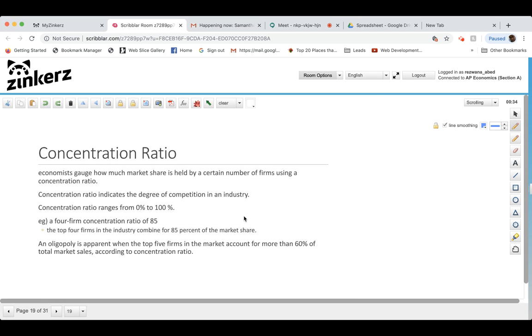Then we talk about something called concentration ratio with oligopolies. Economists try to gauge how much market share is held by a certain number of firms using this number.